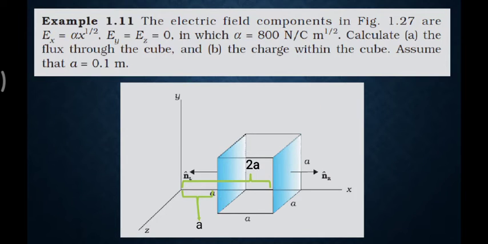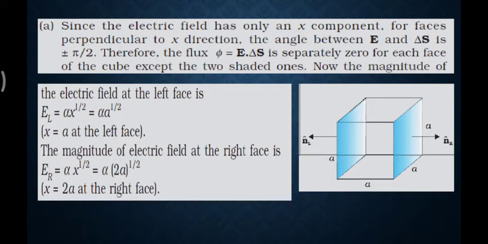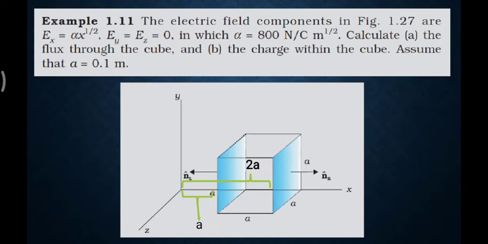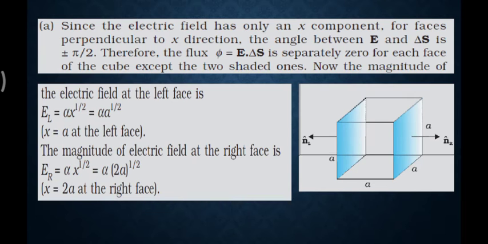So EL is equal to alpha times a raised to 1 by 2, where alpha is equal to 800 units, given, where x is equal to a for the left surface. For the right surface, as I mentioned, it is 2a distance away, so x is replaced by 2a. So the new equation for ER, the electric field on the right hand side, is alpha times 2a raised to 1 by 2.